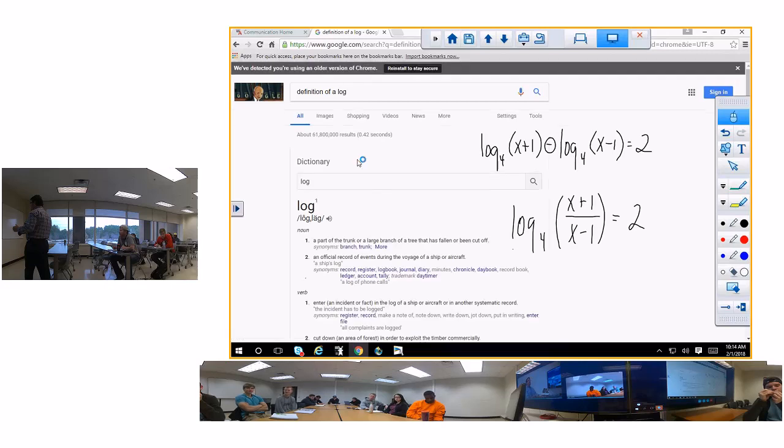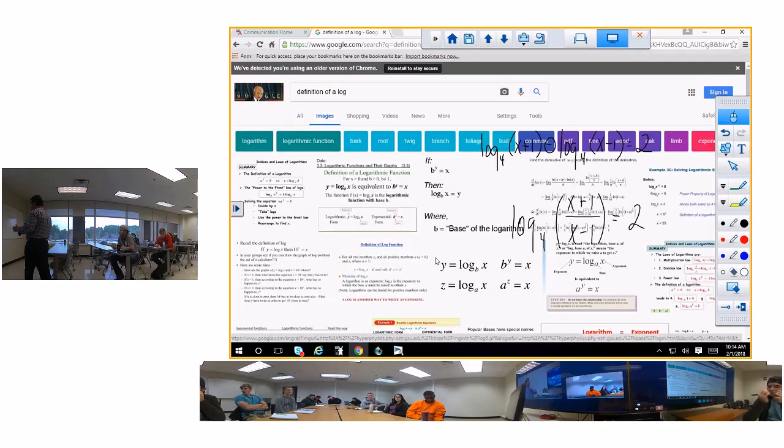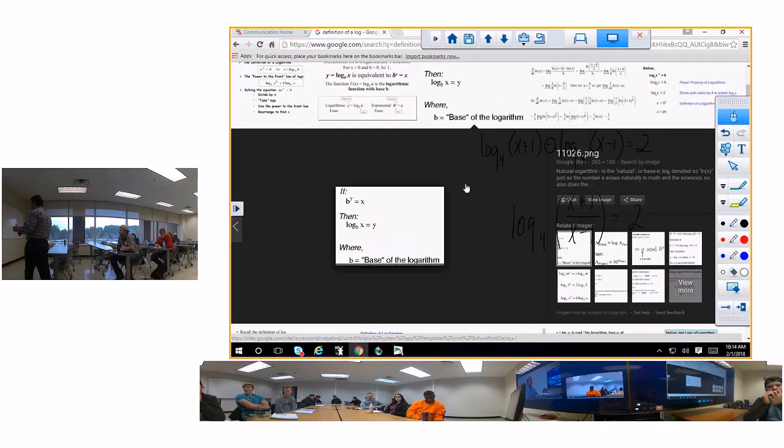How about that? When you pull up definition of a logarithm, you're probably going to have plenty of other things that you can look at, and there they are. Here's one right here. Log base b of x is equal to y. A lot of times you're going to see log base a of x is equal to y, a to the y is equal to x. You need to pick one and run with it.